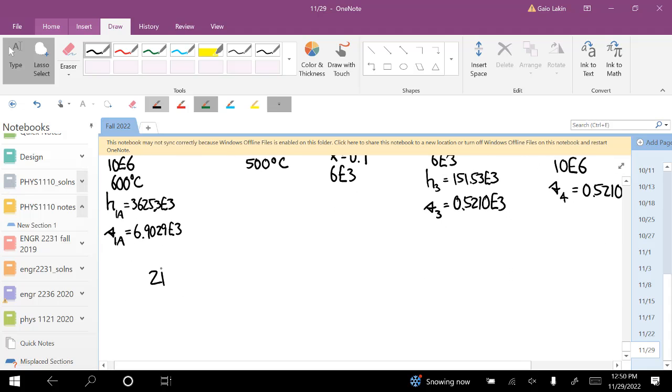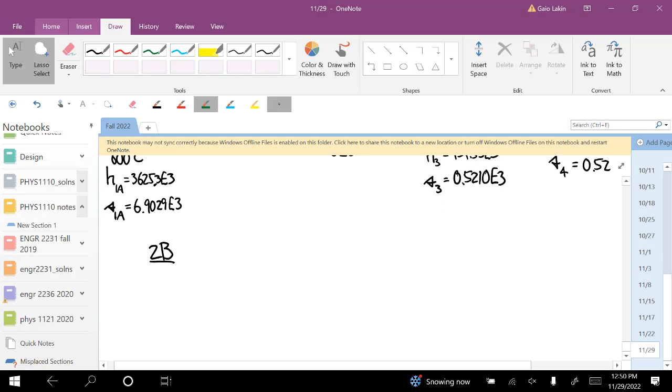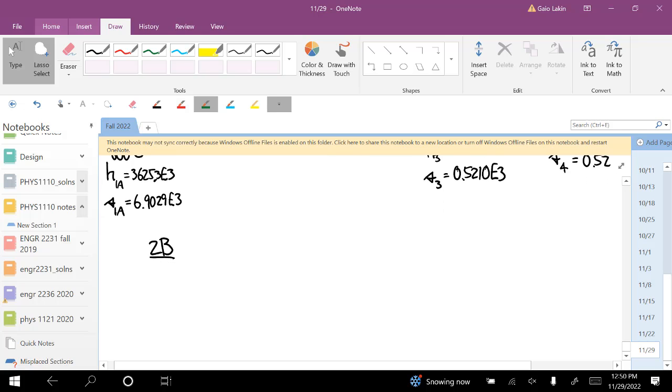So at the state 2B, H2B is equal to the quality times the enthalpy at the saturated vapor state from the table.